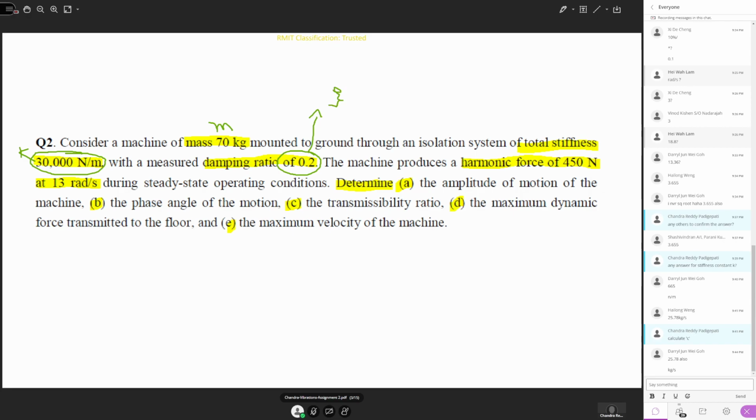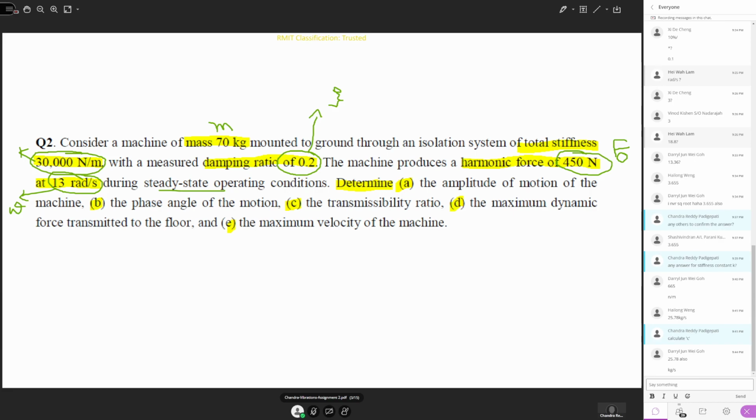The machine produces a harmonic force of 450 newtons. So this is the magnitude of the force, you can take this as F naught, at 13 radians per second. So this is the external frequency omega. Okay, under these conditions, and the machine is operating in a steady state, determine the amplitude of motion of the machine.